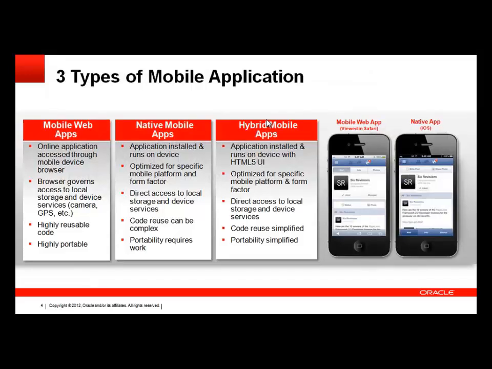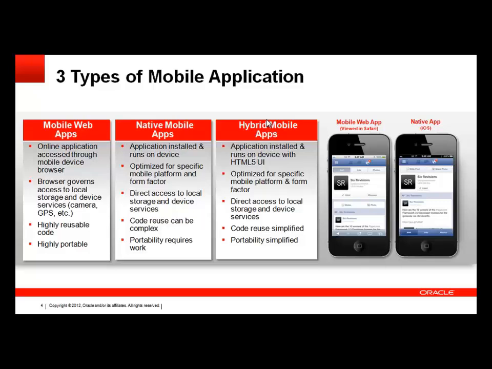In today's world, we can see three types of mobile applications that are being developed. The first one is called mobile web applications, and those are basically web applications served from the server and accessed through the browser that is available on your smartphone or tablet. The browser then governs the access to local resources.